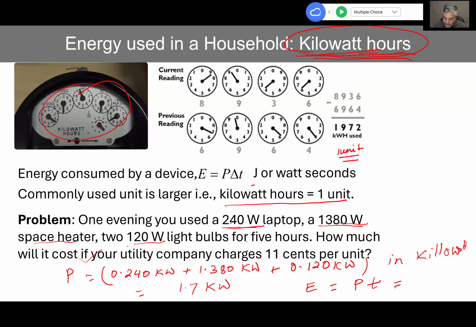So time is in hours, so we don't need to convert anything. So it's going to be that power, whatever number you get here in kilowatt, times the 5. Okay. So that is kilowatt hour. So that is that many units. Now multiply that unit by the price per unit, and you have your electric bill. So that's how they calculate energy used in a home.